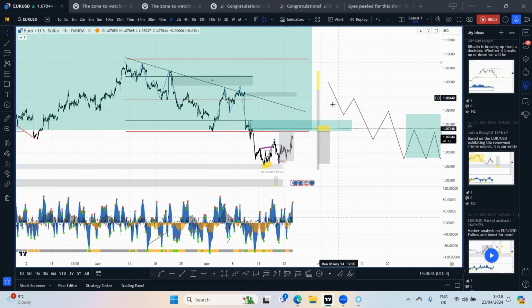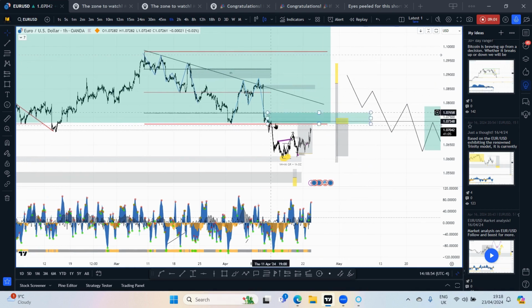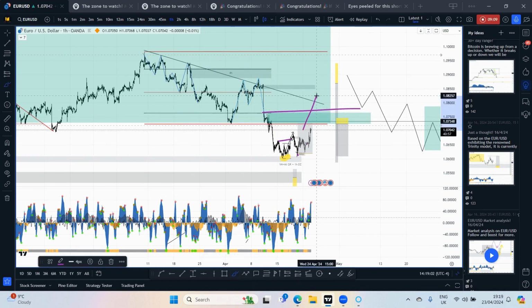All right, now, area number two, in the case that we do break into that zone. If we do break into that zone, that could be quite interesting. Why is that? Because what does range theory tell us? What does volume profile tell us? It tells us if we're to reclaim this value area low, there is a higher likelihood that we get accepted back into this old range.